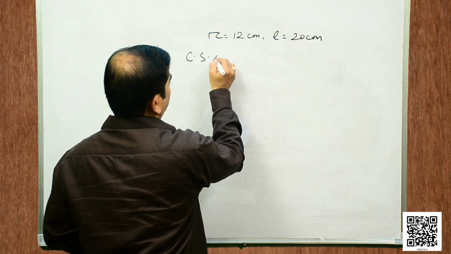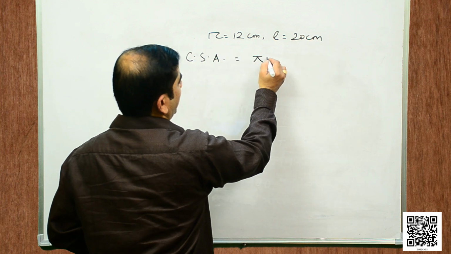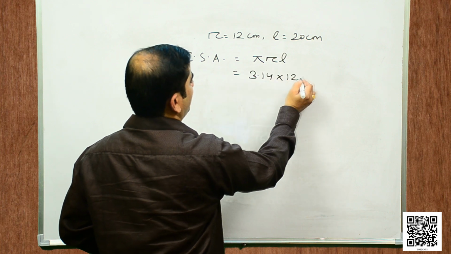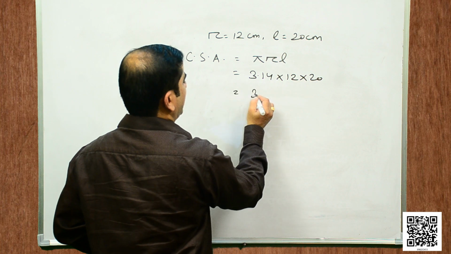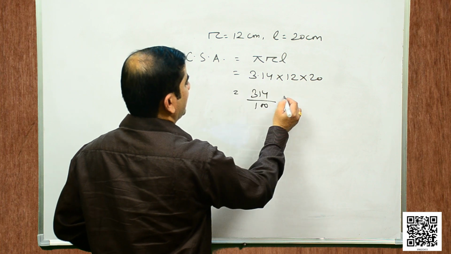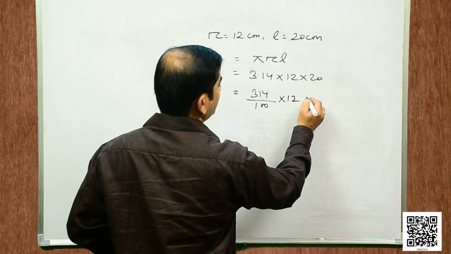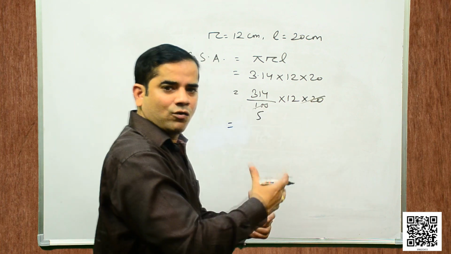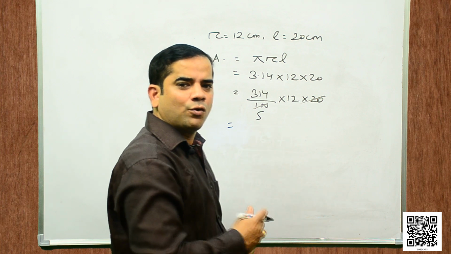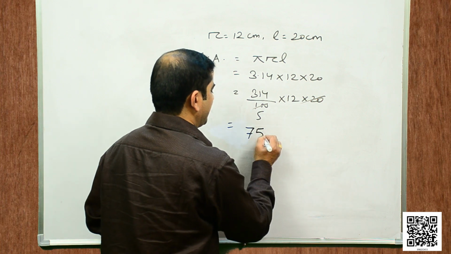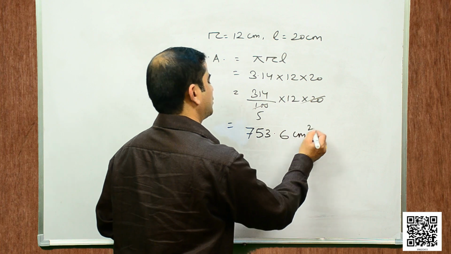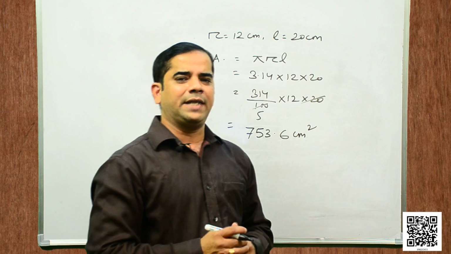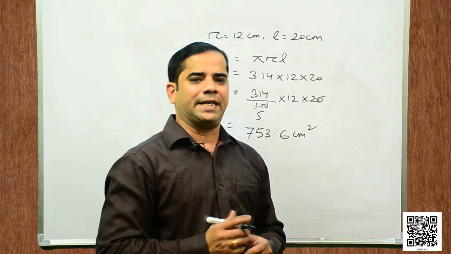So, curved surface area is equal to pi r L, that is equal to 3.14 into 12 into 20, or 314 by 100 into 12 into 20. When we calculate, it will come up to 753.6 centimeter square. Okay. So, curved surface area of the cone is 753.6 centimeter square.